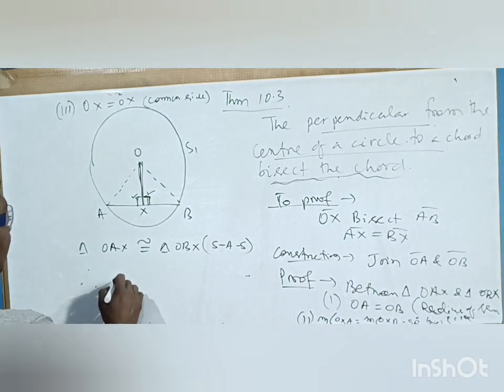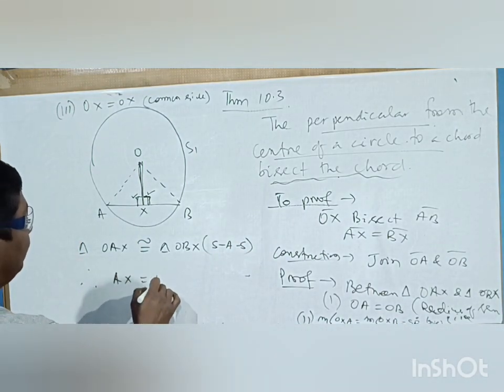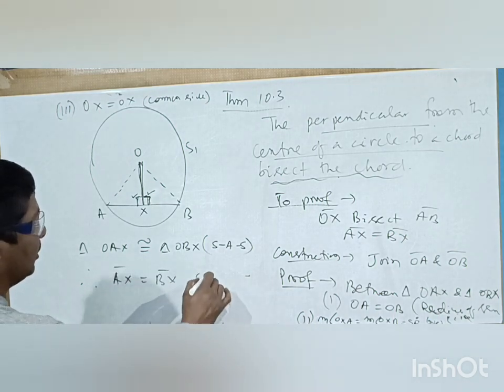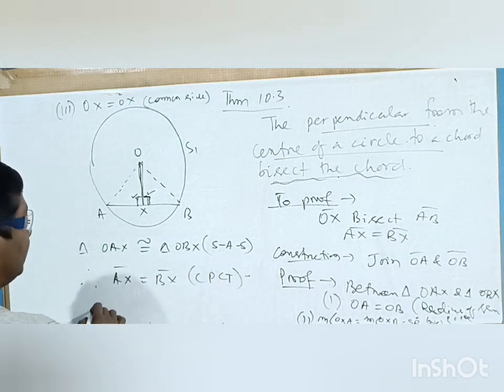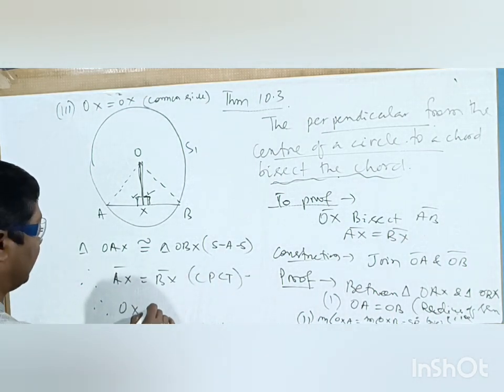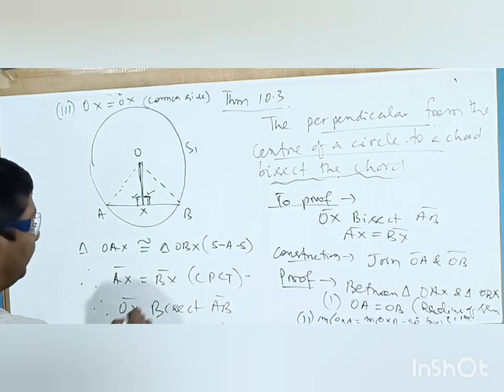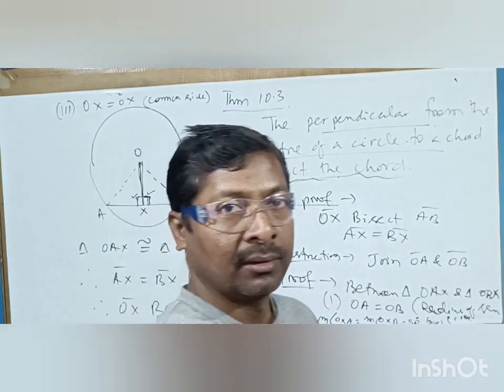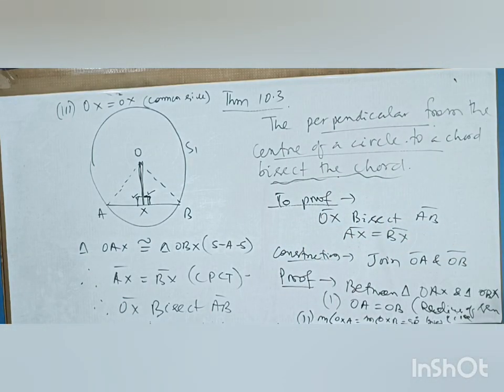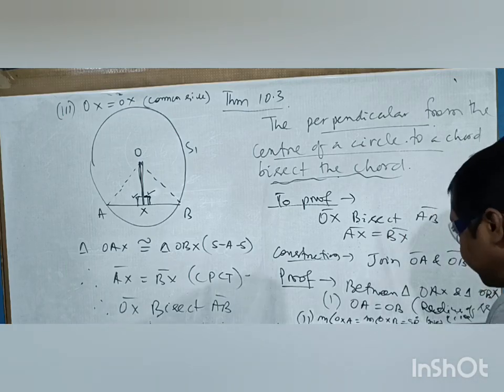Hence, I can write AX equal to BX by CPCT. Hence, I can write OX bisects AB. Okay, finished. So nothing is difficult here.